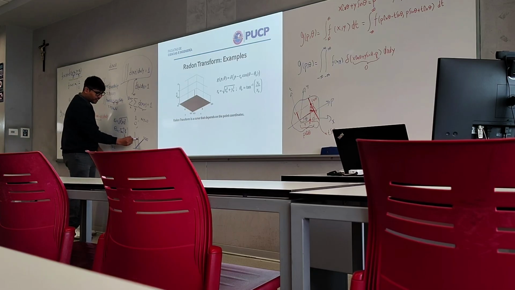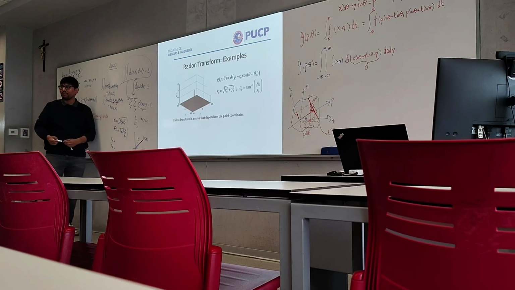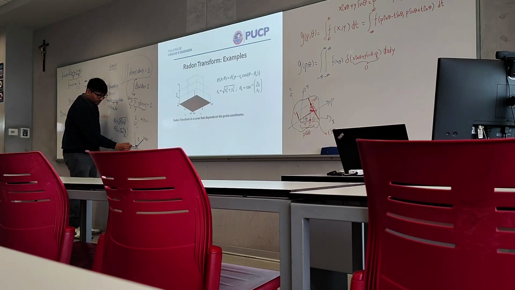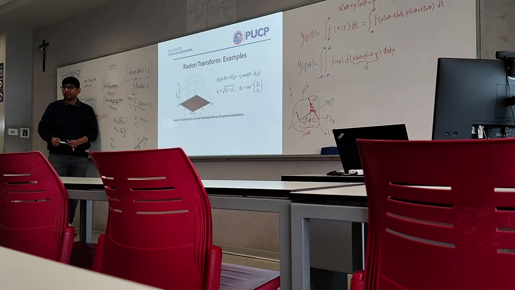R0, right? It is the magnitude of that vector. And this would be theta 0, the angle such that the tangent is y0 divided by x0.